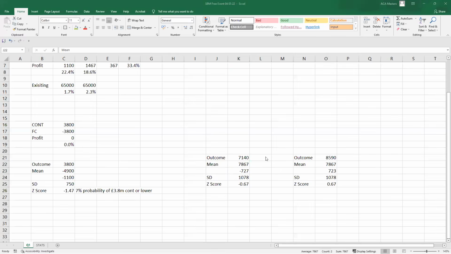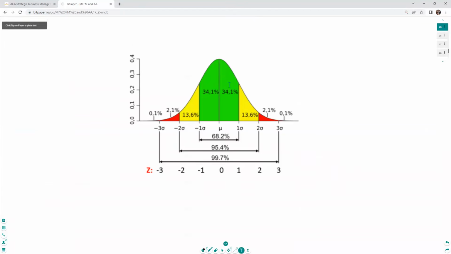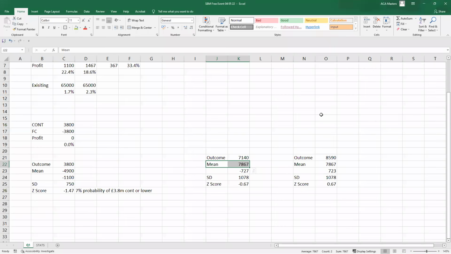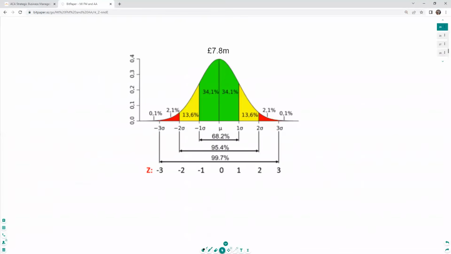Now we know that this is the mean, let's just call it our 7.8 million, which is the mean for London. Now we could work out the probability of it being this amount. We're clearly looking at below the mean here.